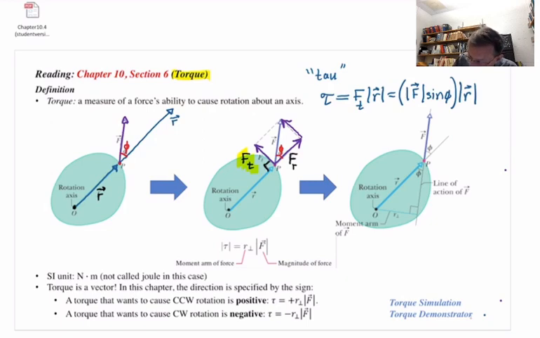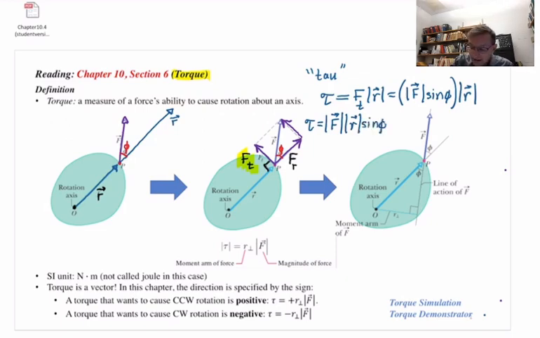And now in my expression for the torque, I'm just going to do some combining of terms. I'm going to write this as magnitude of F times magnitude of R times sine phi.